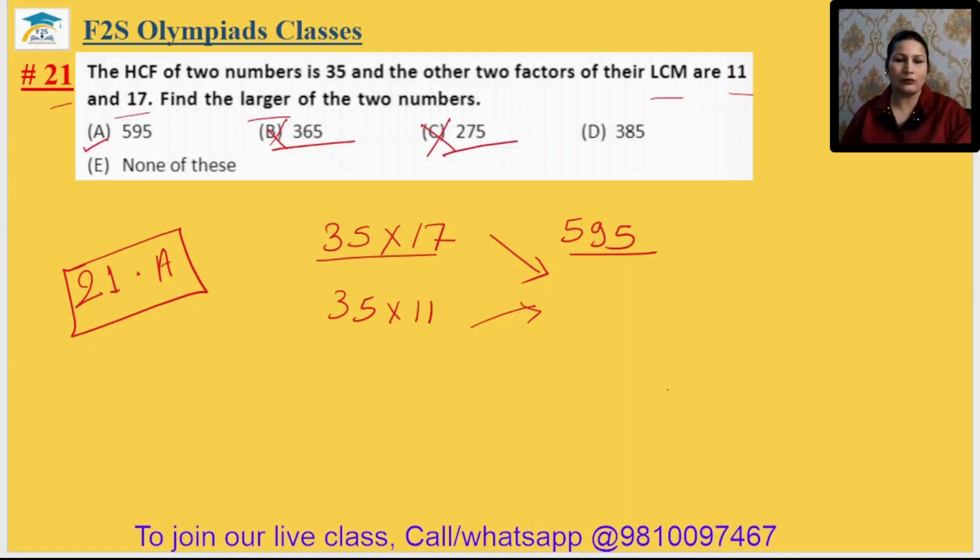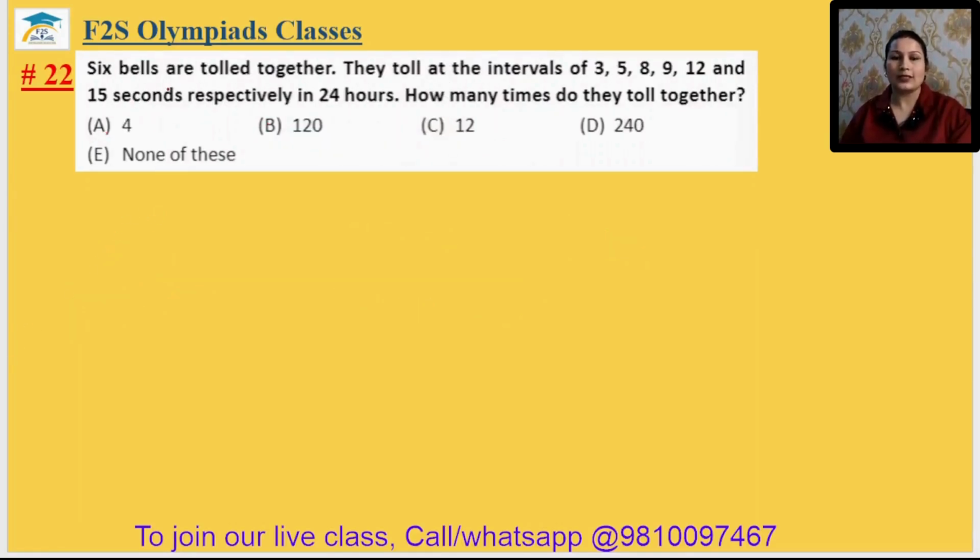Come to question number 22. 6 bells are tolled together. They toll at intervals of 3, 5, 8, 9, 12 and 15 seconds respectively in 24 hours. How many times do they toll together?